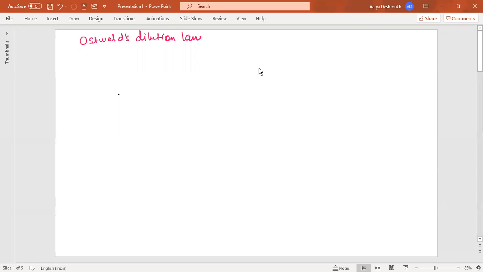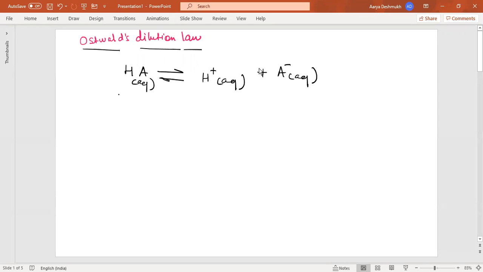You can explain this Ostwald dilution law like this: HA, if it is dissociating in this way, double arrow, it means it is dissociating weakly in aqueous medium. This is also in aqueous medium. H plus and A minus ions are formed.